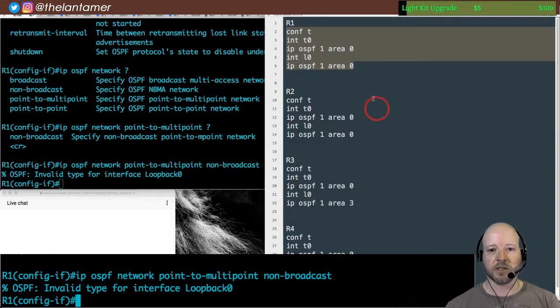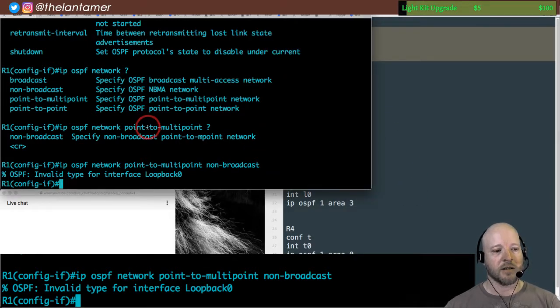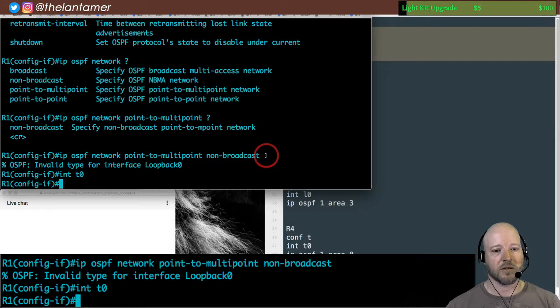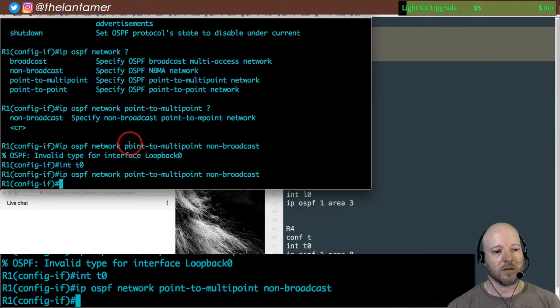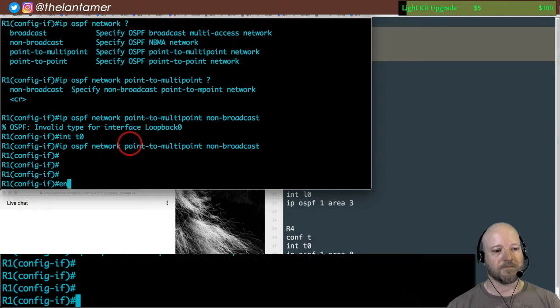I'm on the interface level, right? Invalid type for interface loopback 0. Yeah, we have to do this on interface tunnel 0. Okay, like that.